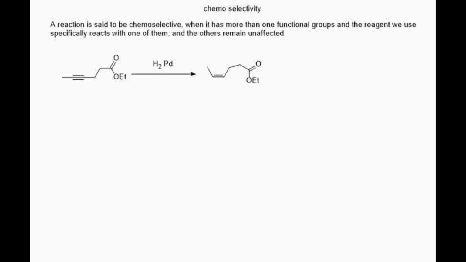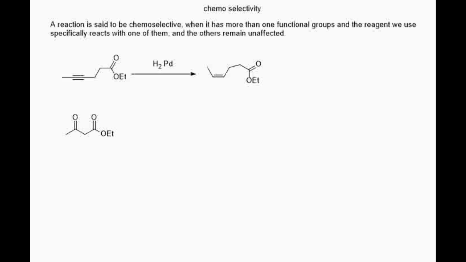Let's take another example with two functional groups. Suppose we have a keto group and an ester group, here keto, and here OEt.